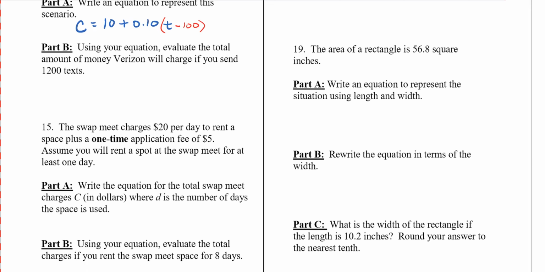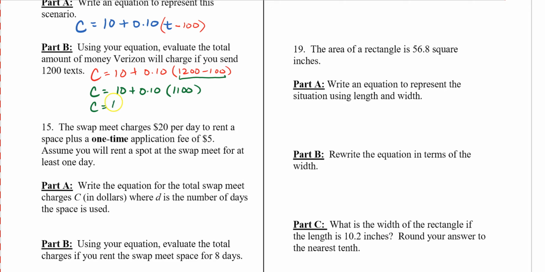Part B is use that equation to evaluate the total amount of money Verizon will charge if you send 1,200 texts. So C is equal to 10 plus 0.10 times 1,200 minus 100. So this is exactly what I was talking about just a second ago. We sent 1,200 texts, but we're only paying the 10 cents on 1,100 of them. So C is equal to $10 plus the 10 cents times the 1,100 extra texts.